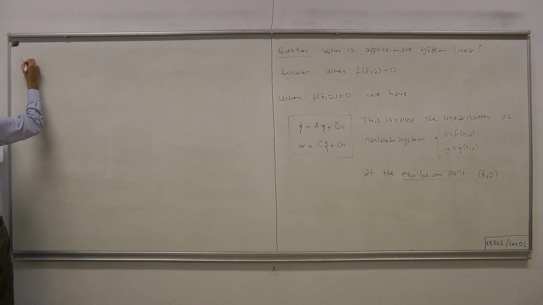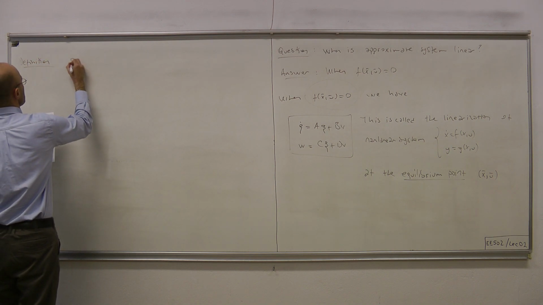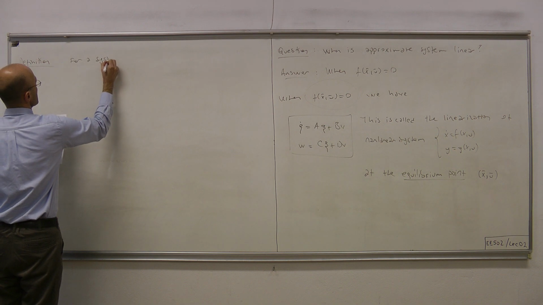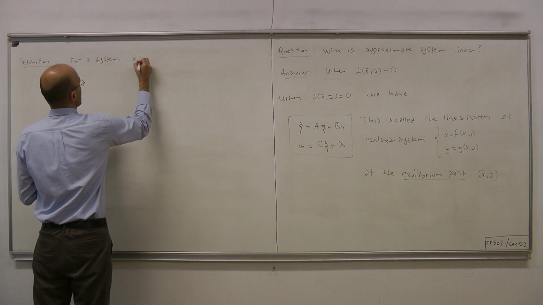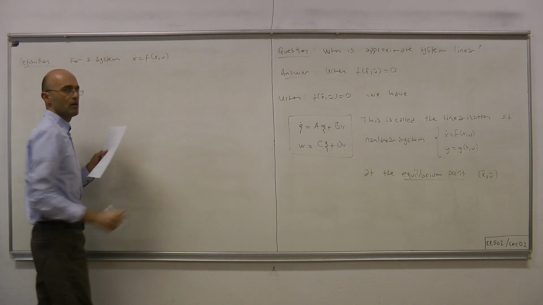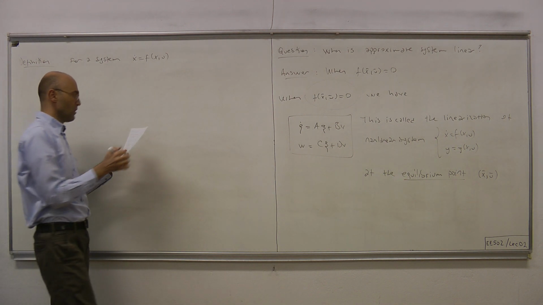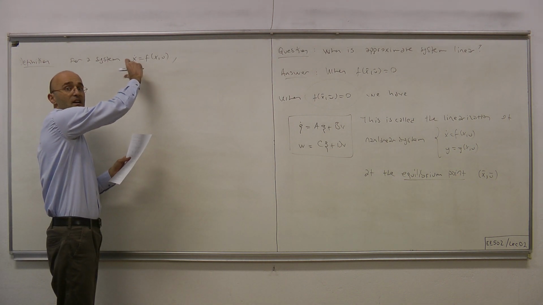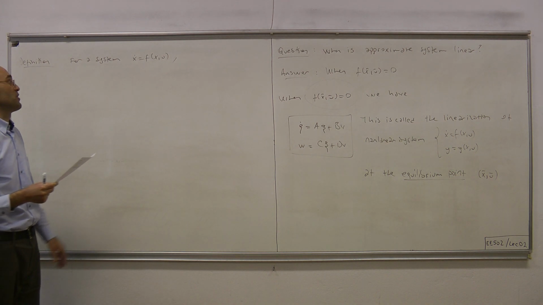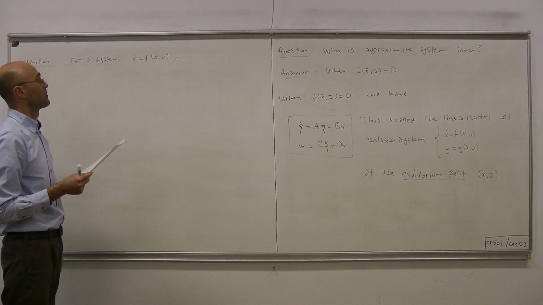Here's the definition. For a system x dot equals f of x, u, equilibrium has nothing to do with the output part of the state space representation. It only depends on the dynamic part.